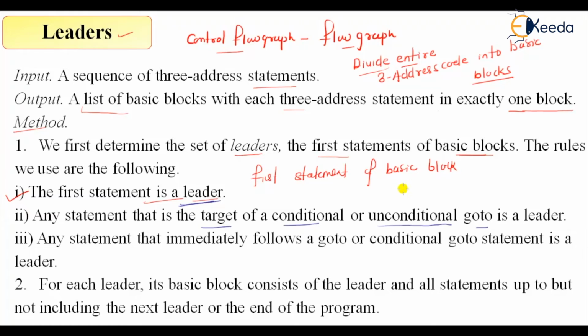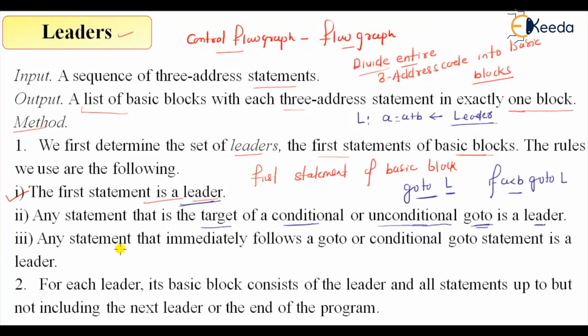When we use the statement go to L, or if A less than B then go to L, and at the label L there is the instruction A equals A plus B, that instruction will be a leader. I'll give you more examples later. This is the unconditional go to, and this is the conditional go to.